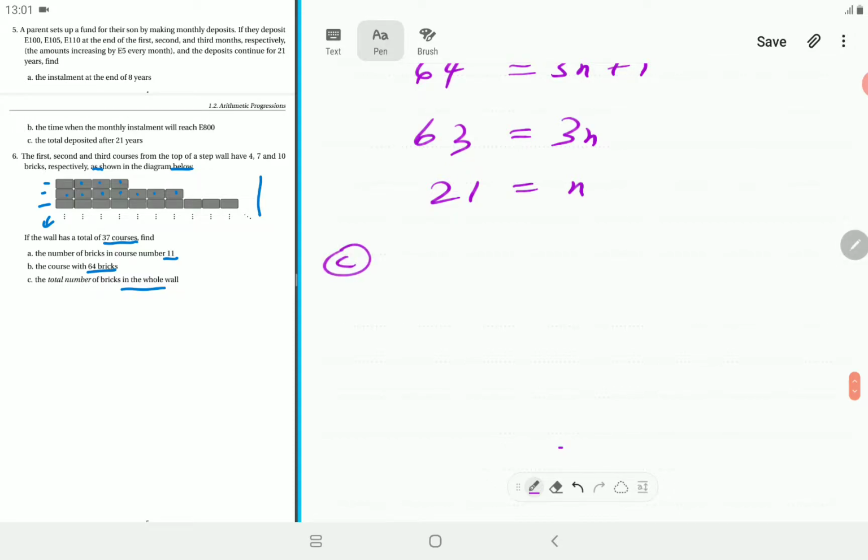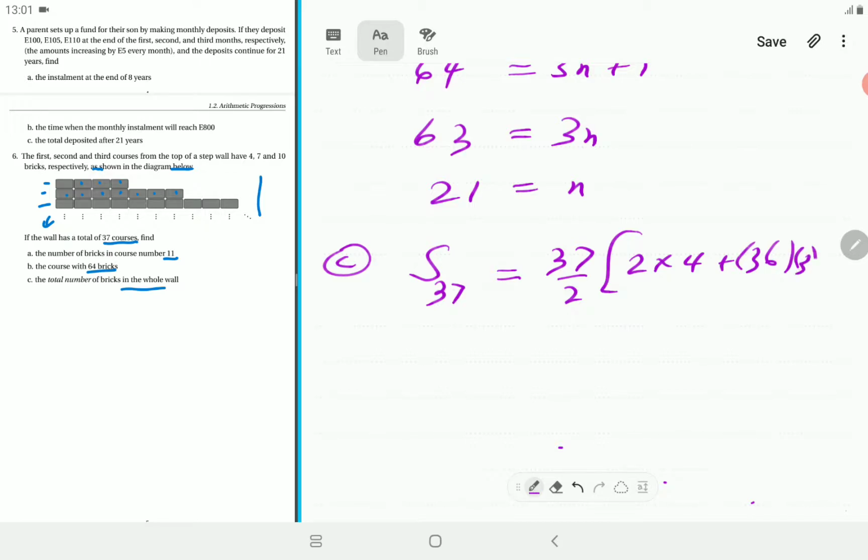Then in part C, find the total number of bricks in the whole wall. So that's going to be a sum, and we've been told that the whole wall has got 37 courses, so it's going to be S37. So that's going to be 37 over 2, 2 times T1 is 4, and then 37 minus 1 is 36.